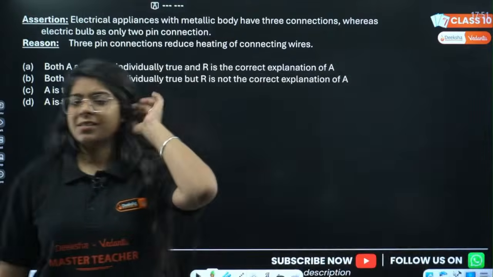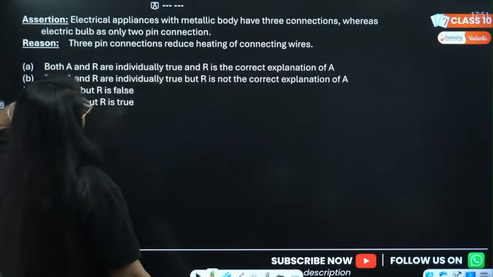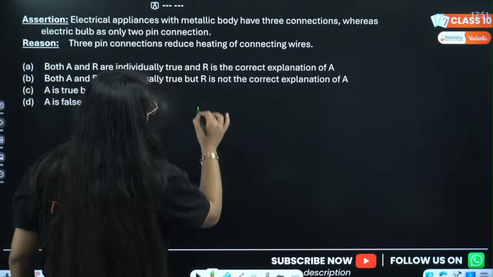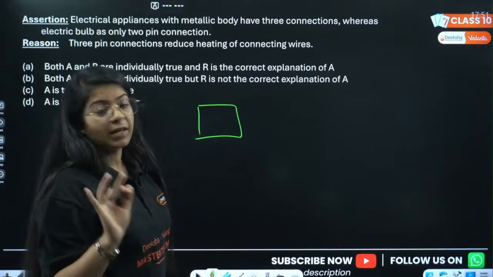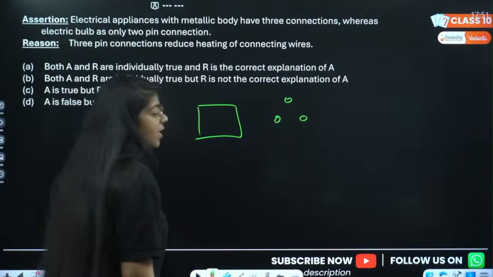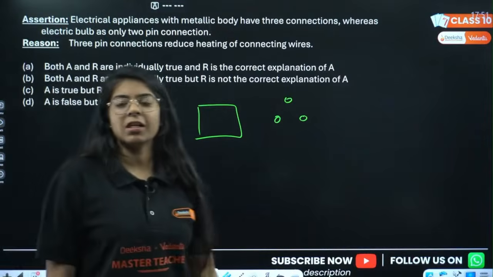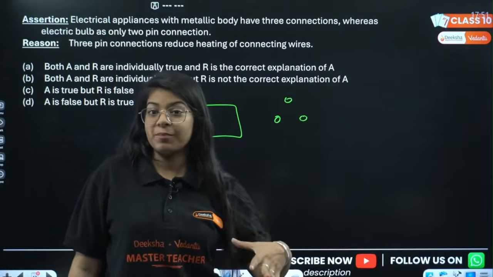Okay. Yes, it's a very basic question. Let us explain. We have a metallic body, and it has a 3-pin connection. You have those plugs, right? Have you seen a metallic cooler in your houses instead of the plastic one?